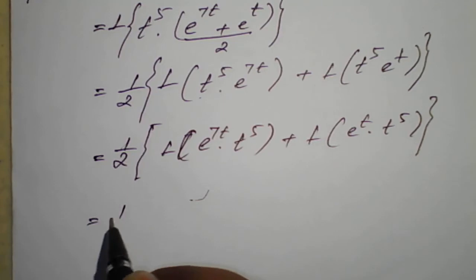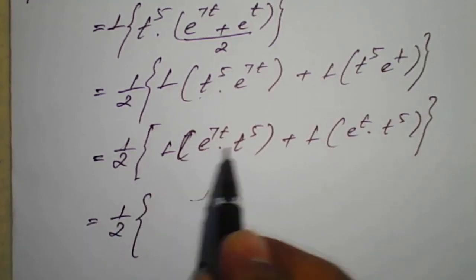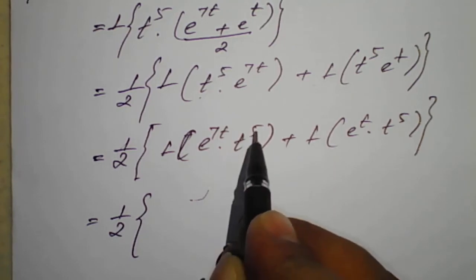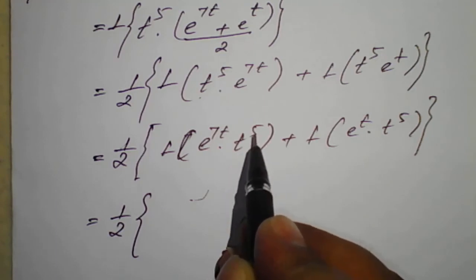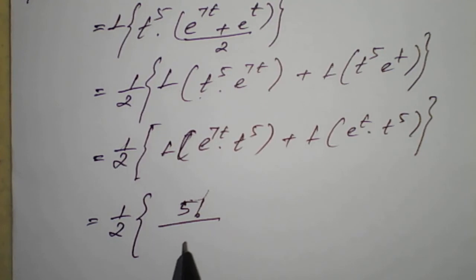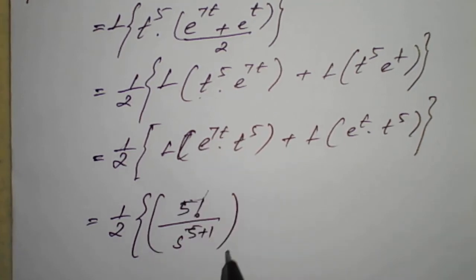So therefore 1 by 2 times, so we need to apply Laplace transform to this t to the power 5, then shifting property. So Laplace transform of t to the power 5 is 5 factorial divided by s raised to 5 plus 1, and the shifting property is s changes to s, because of plus 7 it will be minus 7.